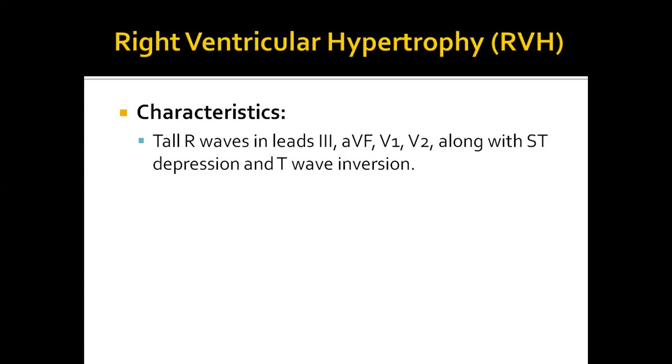ST depression and T wave inversion are also common in the right precordial leads. These changes reflect the increased pressure and workload on the right ventricle, which is important for diagnosing right-sided heart conditions.